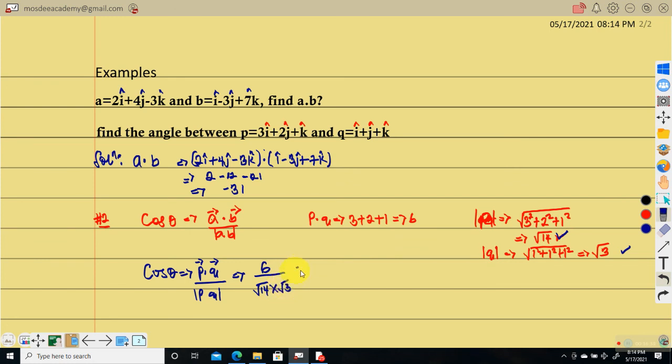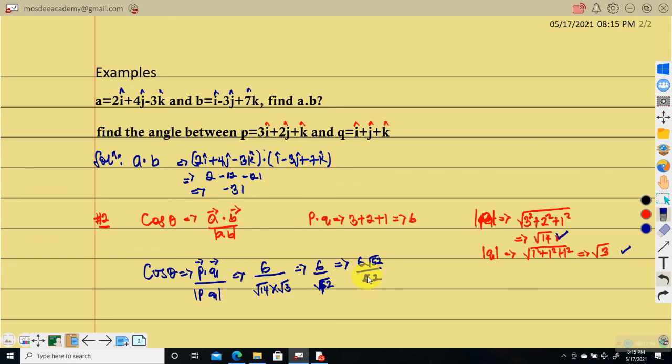So you can just put your answer in short form. That is 6 over square root of 14 times 3, which is 42, which I believe everybody can do. If you rationalize, that is mathematics students, that's 6 root 42 over 42. I think that should be 42, if I'm not mistaken, so it should be 42 and not 52.